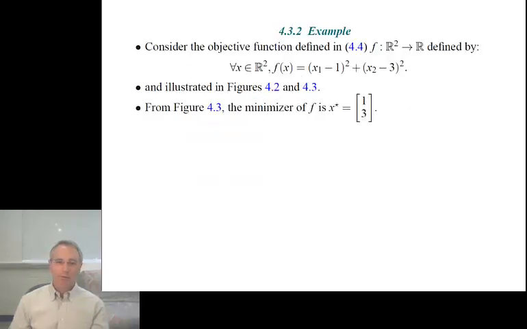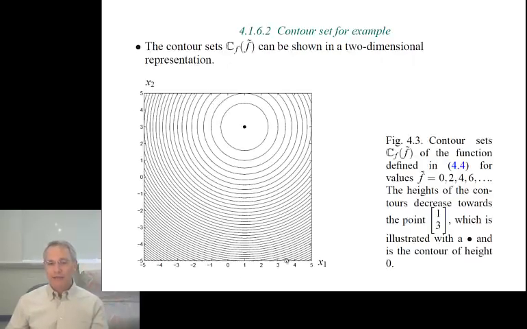Let's see an example. Let's consider the objective defined in 4.4. F of x is equal to (x1 minus 1) squared plus (x2 minus 3) squared. We illustrated that previously in 4.2 and 4.3. We already know from figure 4.3 that the unconstrained minimizer of this problem is the point (1, 3).